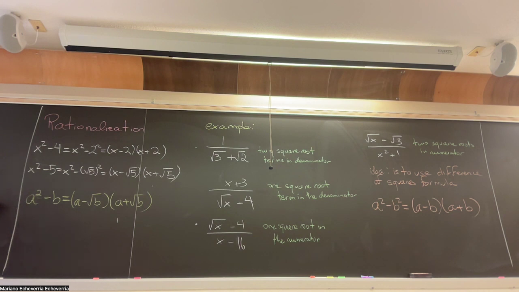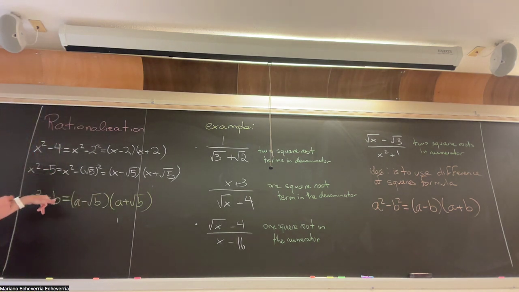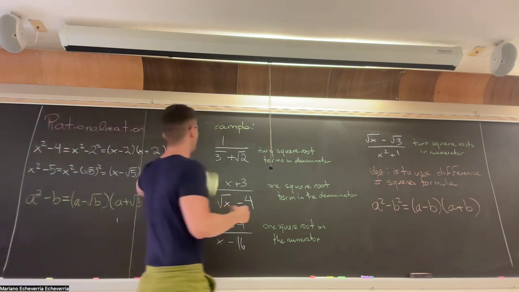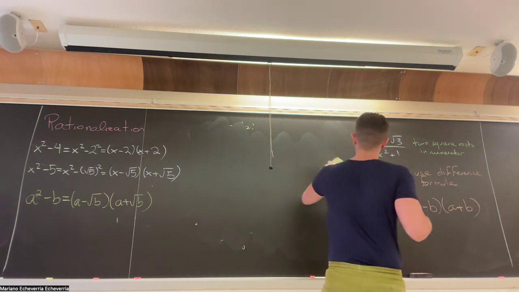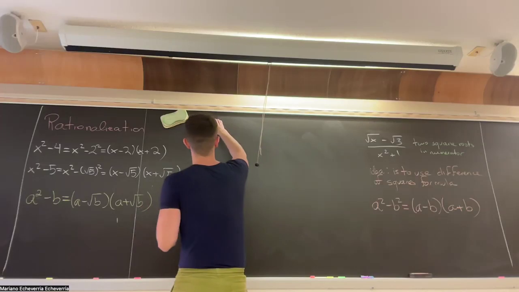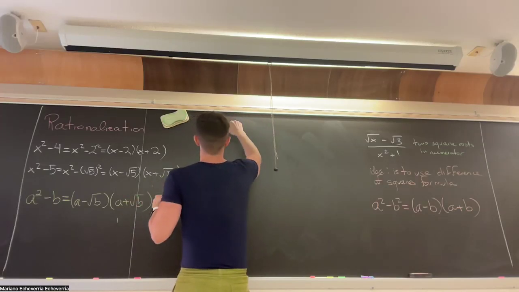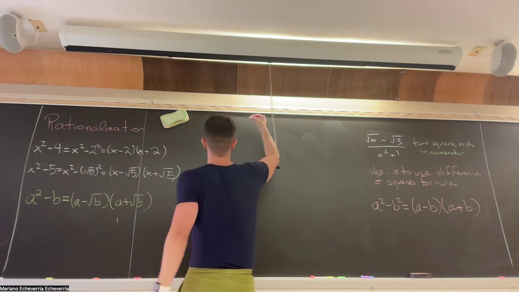Does that make sense? Here's another one. There's nothing specific about the second one, you could have used the same idea for the first one. So, for example, if you had root of x minus 4, well, here I do have to assume that x is not negative, but let's say that's the case for now.